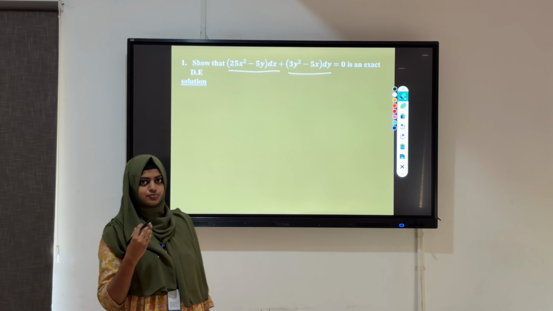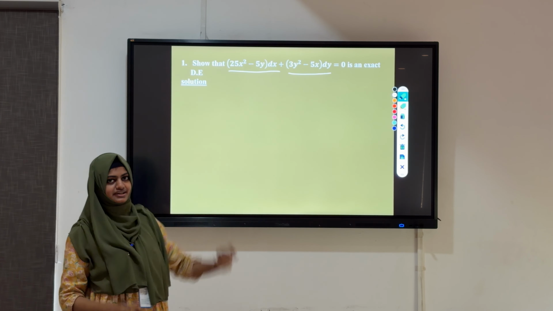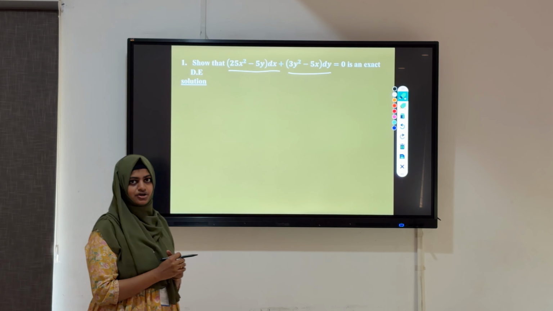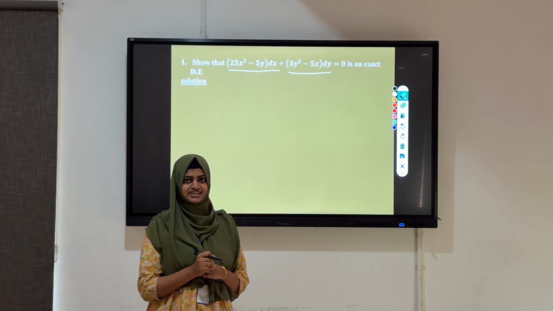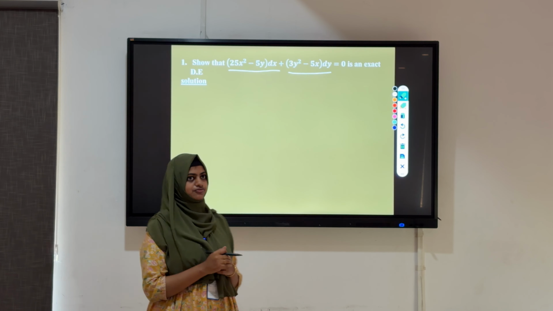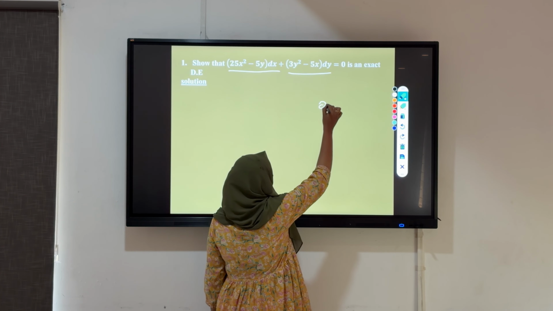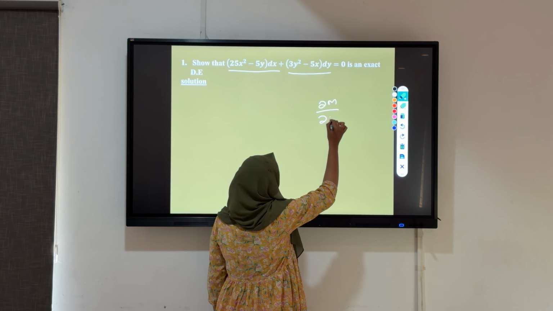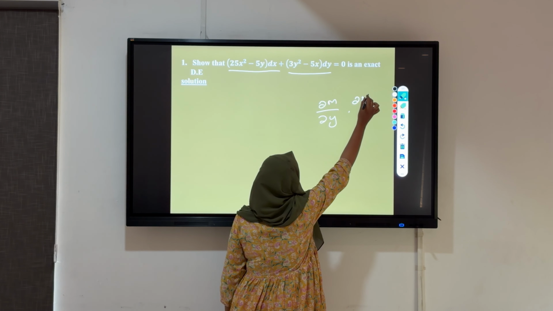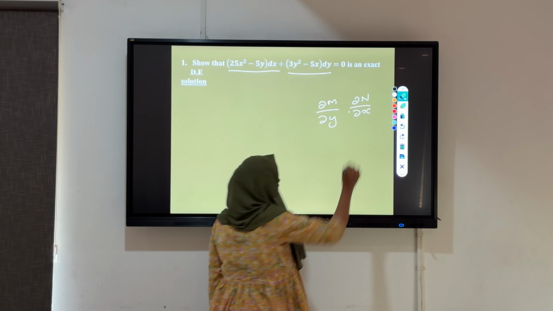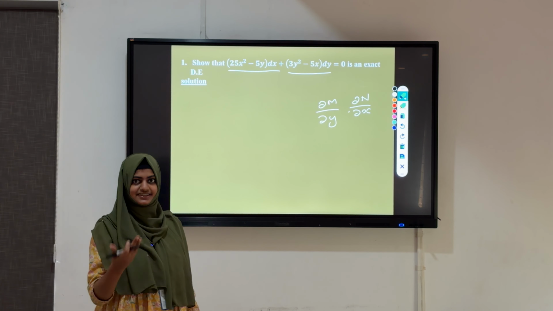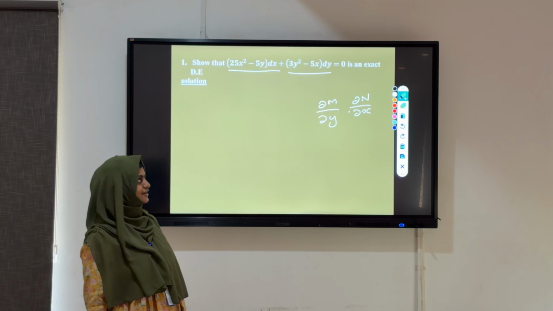That means we want to prove that the given differential equation is exact. To prove this, we find dou M by dou y and dou N by dou x. If they are equal, the differential equation is exact.